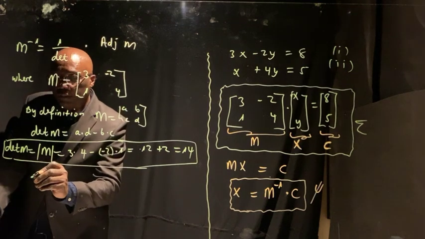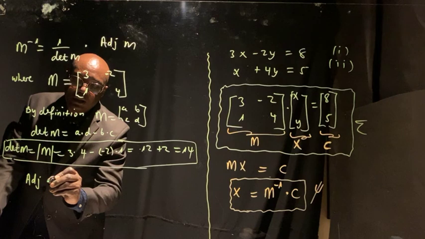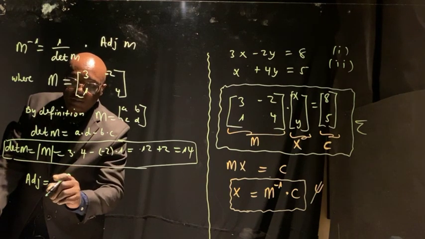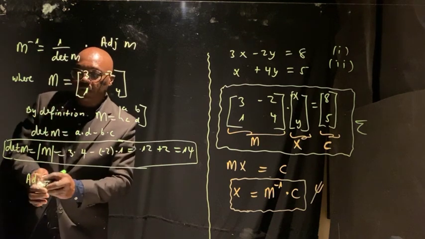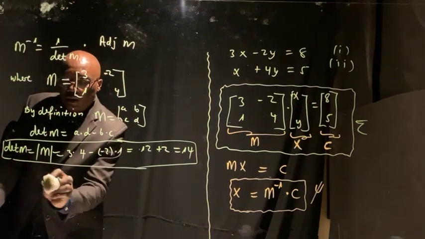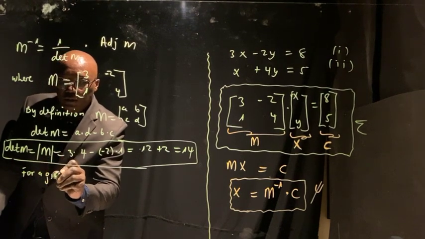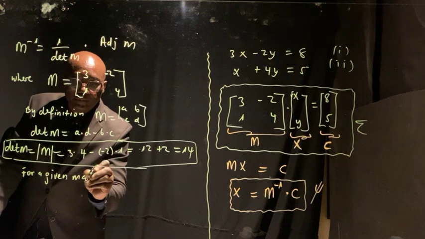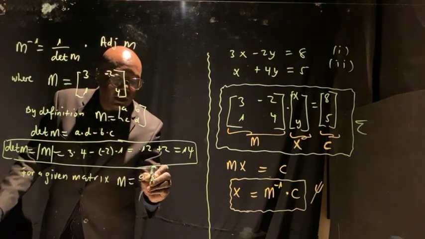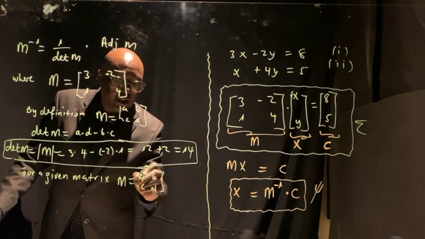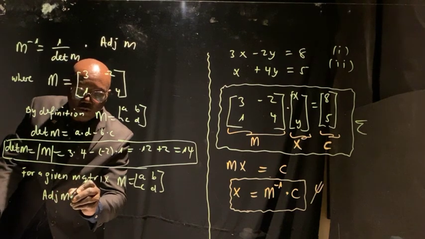The adjoint of a matrix, by definition, if you have any matrix in the form of, let's say, for a given matrix M, A, B, C, D.